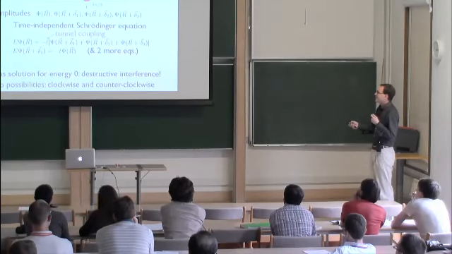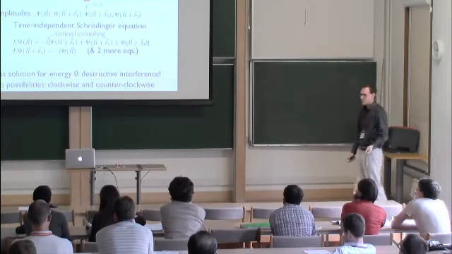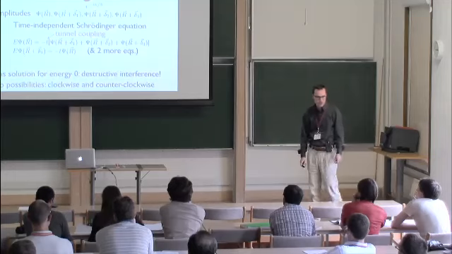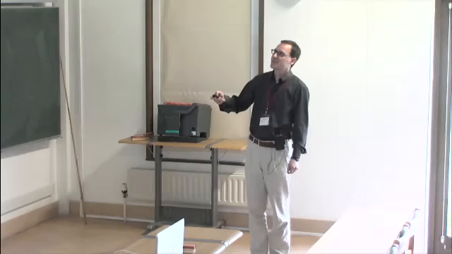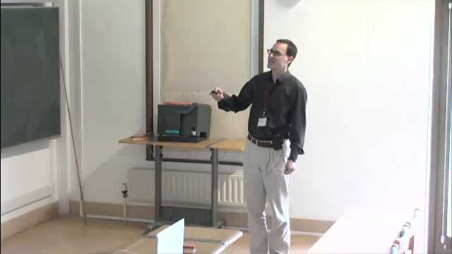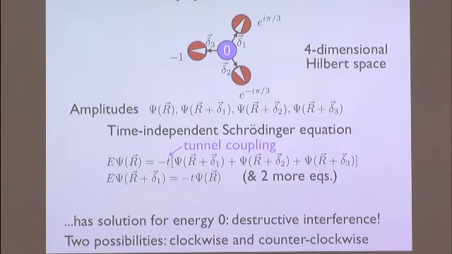Now, there is not only one eigenvector for energy 0. There will be two. How can I see that? Well, you see, there's a certain kind of handedness to the situation. So, for example, if I imagine I traverse all those red sites in a clockwise direction like this, I can ask, what does my arrow do? What does my complex phase do? And as you see, the complex phase then will also be traversed in a clockwise direction in this example.